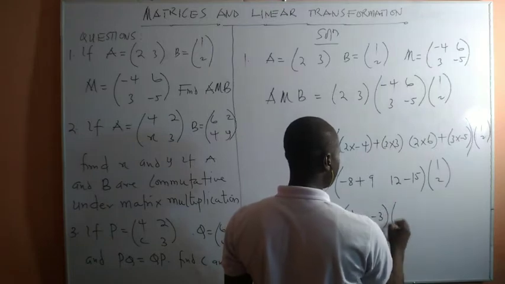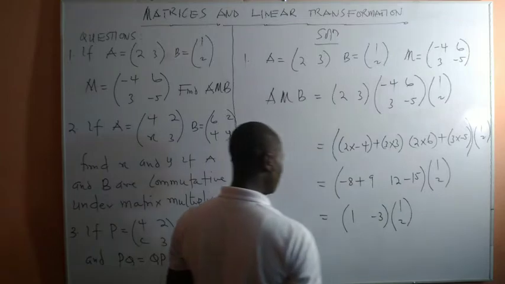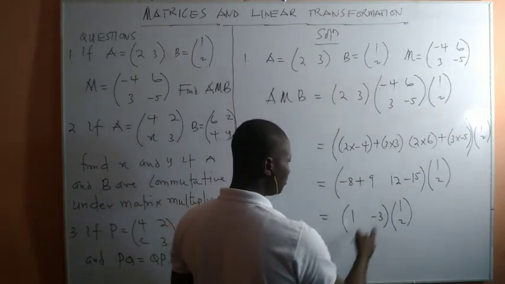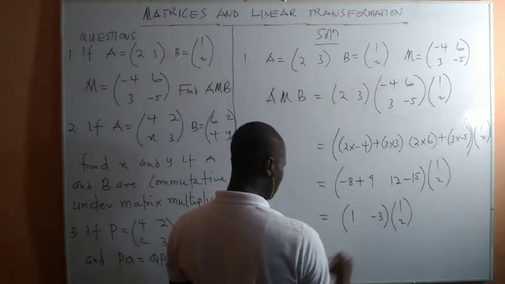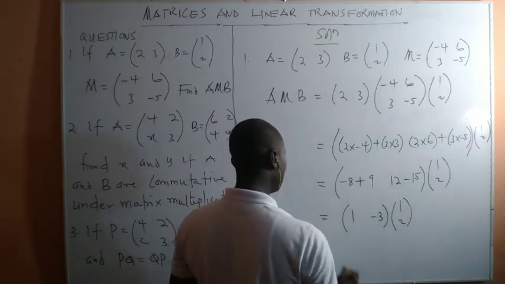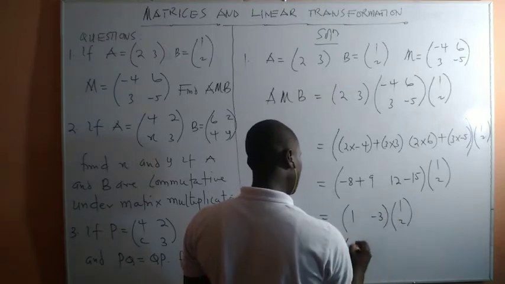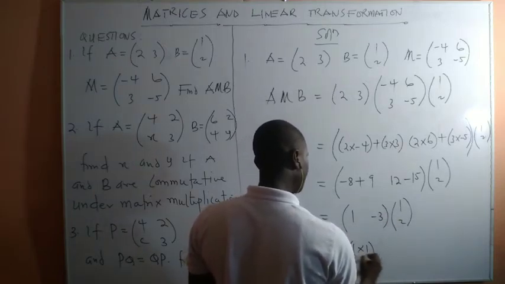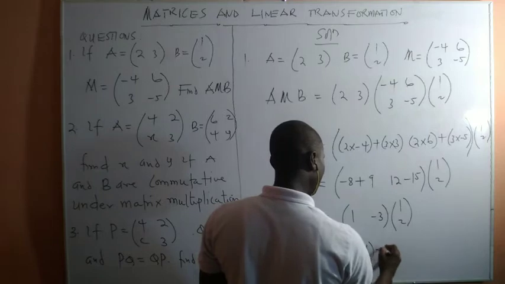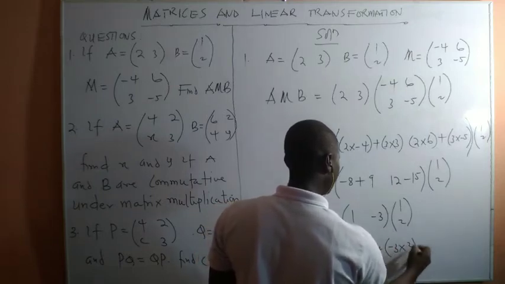So we have [1, -3] being multiplied by [1, 2]. So [1, -3] is also a row matrix, now being multiplied by the column matrix [1, 2]. This is supposed to give us 1 times 1, plus minus 3 times 2.